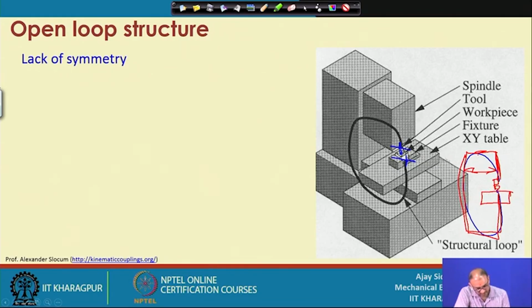How much is the overhanging part, and what is this long vertical length, will be decided by that part, and the problem here is that it is not a symmetric structure.